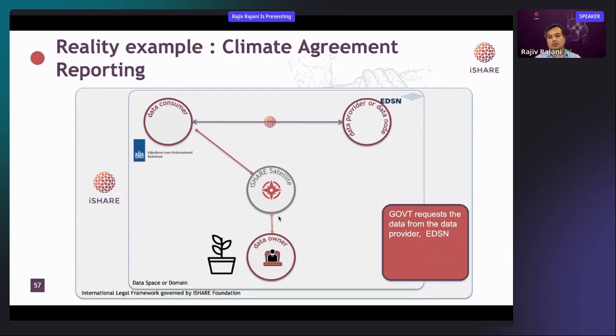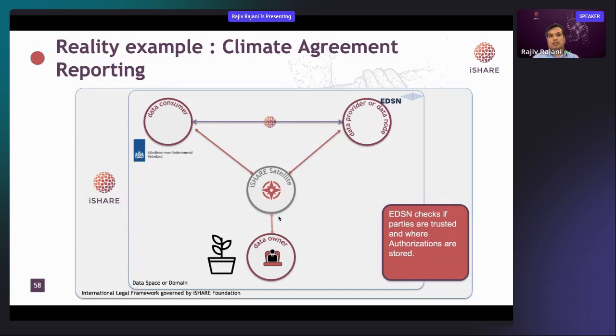Basically, it's a grid operator which can share the data on the consumption. So the government directly goes to the operator to get the required consumption data of this organization, the data owner.